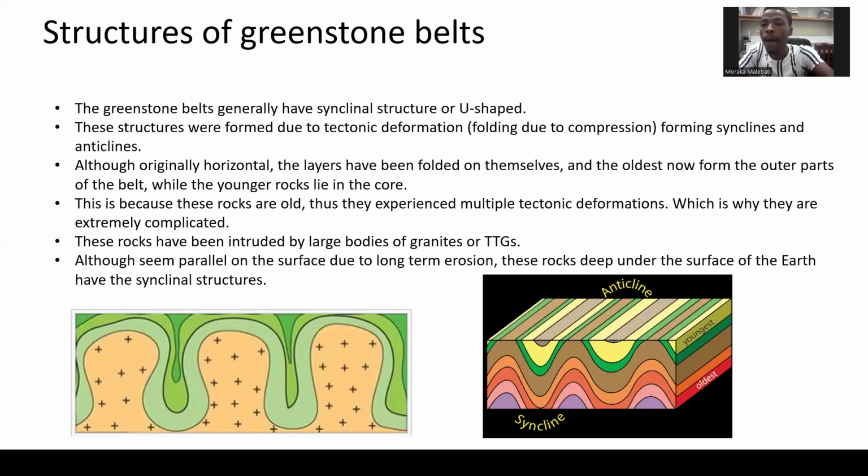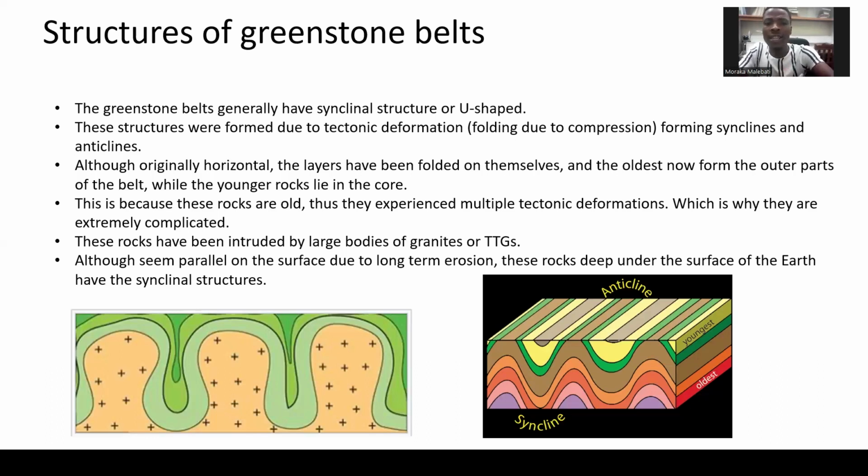Now, because these rocks are old, they underwent a series of tectonic deformation, which is why they are folded on themselves. All right. So these are very complicated rocks, because of the deformational history.